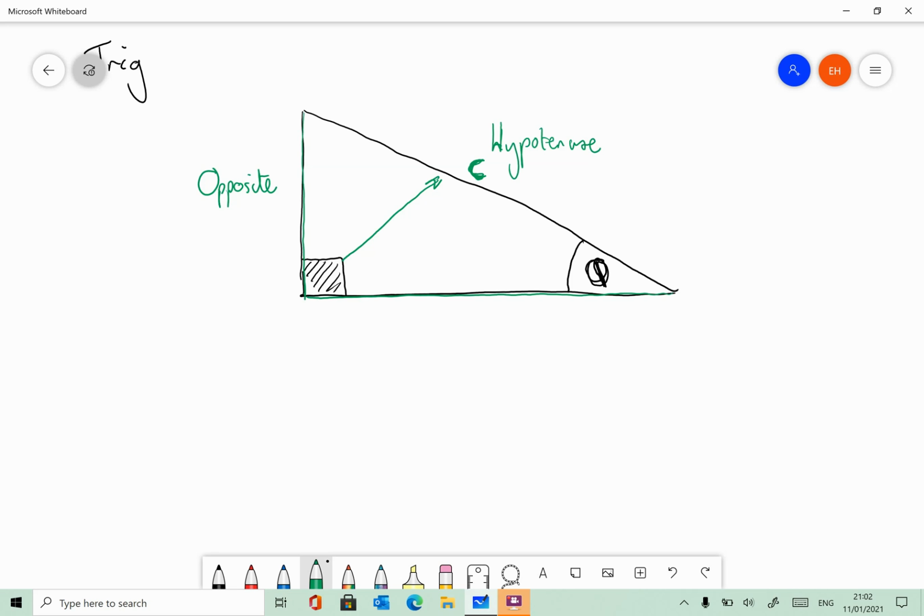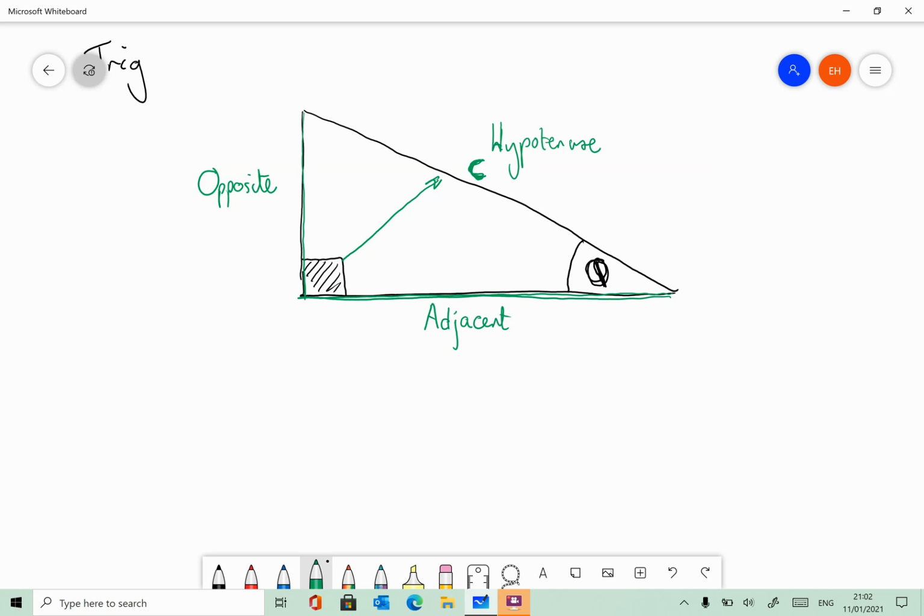And then there's another side which is touching theta, and we call that the adjacent. So if you have a terrace of houses, each house is adjacent to its next door neighbor, okay? So adjacent means beside. So this side down here is the side that is beside the angle.